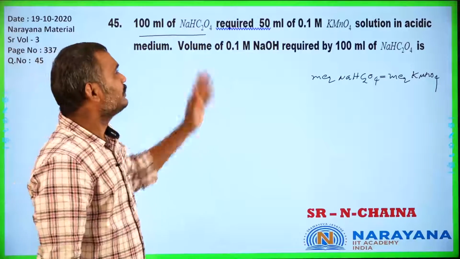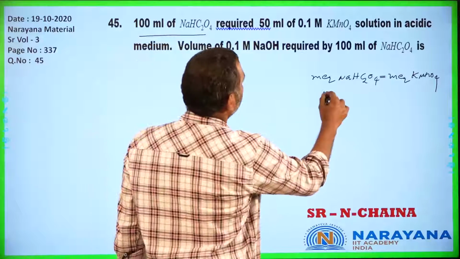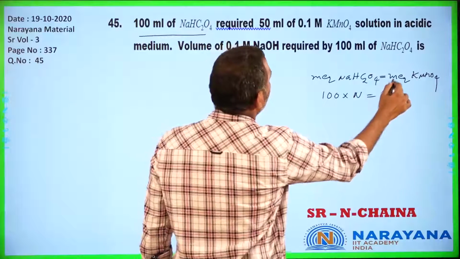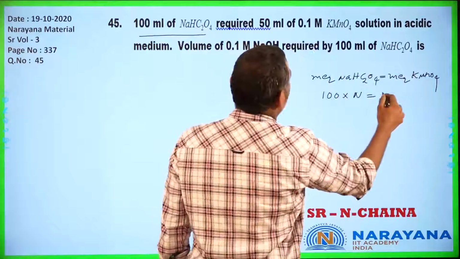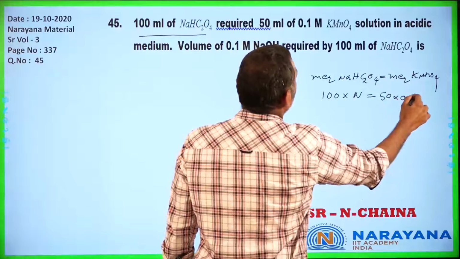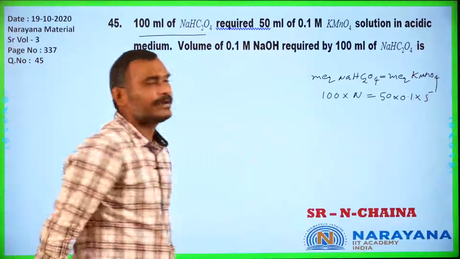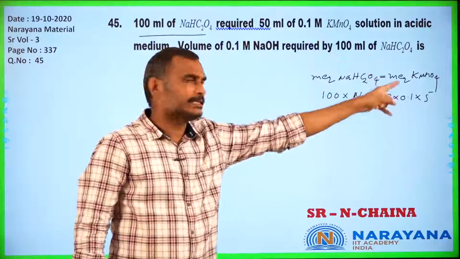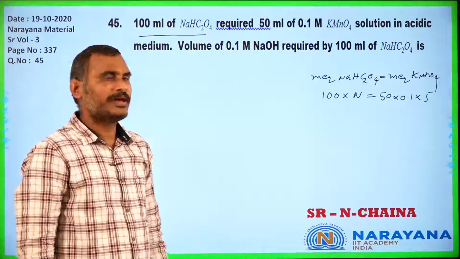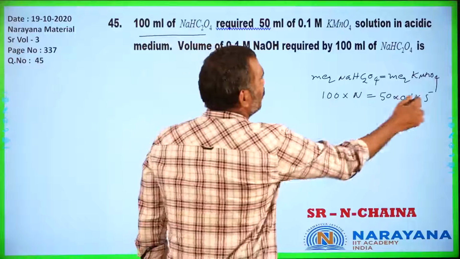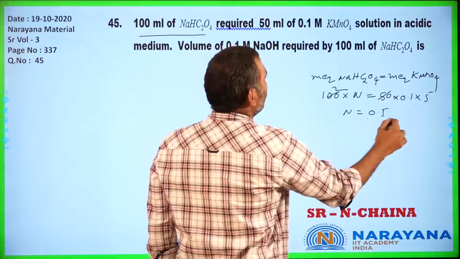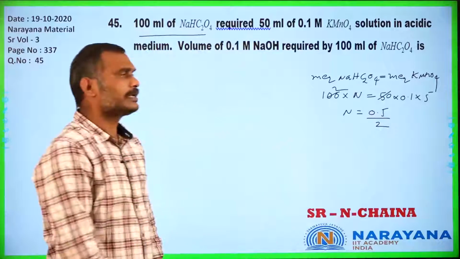From this, you can calculate: 100 into its normality is equal to milli equivalence of KMnO4, that is 50 into 0.1 into 5. Why? In acidic medium, it always becomes 5.